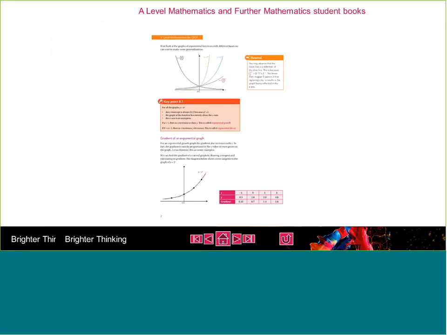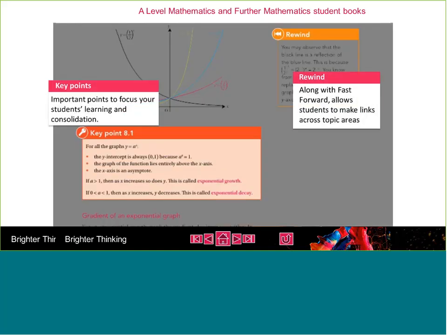Then moving on, we have key points. So the basic look and feel of the book is such that it's very, very straightforward to navigate through. There's key points which really allow your students to focus their learning and consolidation, thinking now that it's linear, so important to have those key points very, very clear.